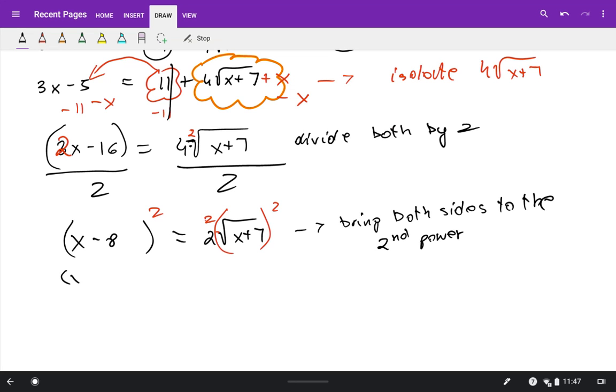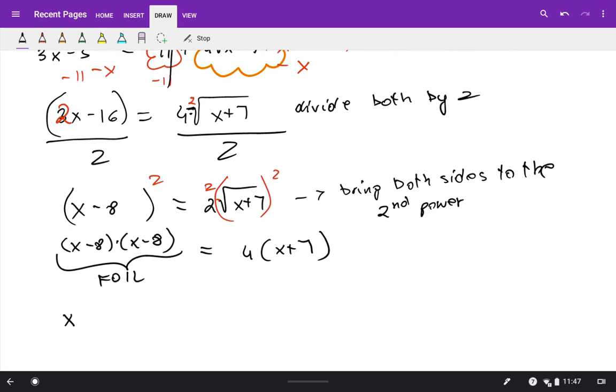So here we have x minus 8 times x minus 8. We'll just FOIL. Here you end up with 4 times x plus 7. So when we FOIL, we end up with x squared minus 16x plus 64. Here that will give you 4x plus 28.